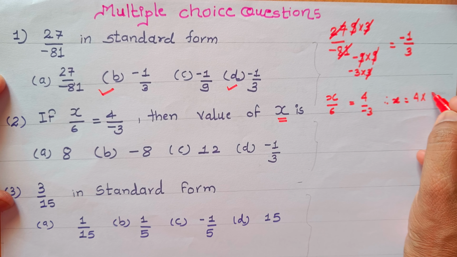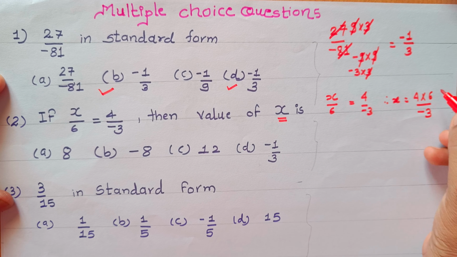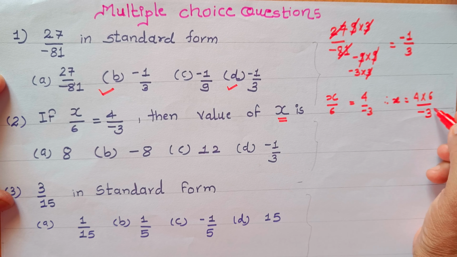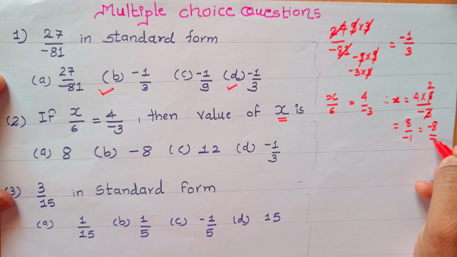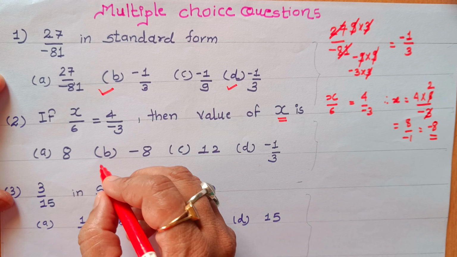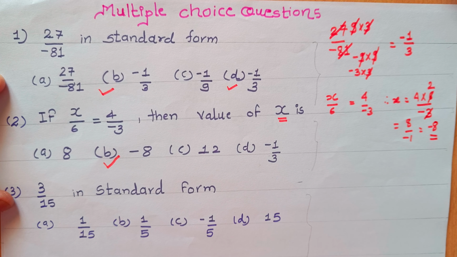Therefore, 4 multiplied by 6 divided by minus 3. Now, 3 2s are 6. Therefore, 4 2s are 8 divided by minus 1 is equal to minus 8, which is our answer.